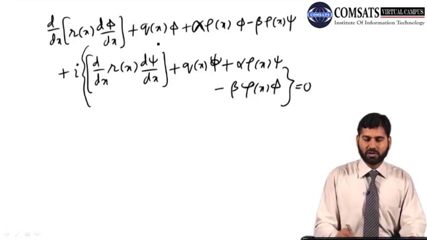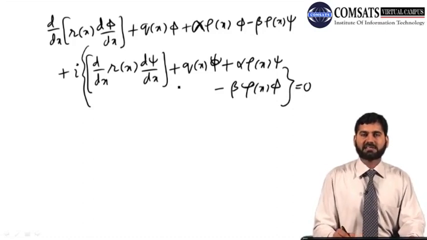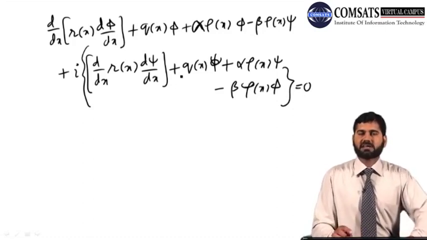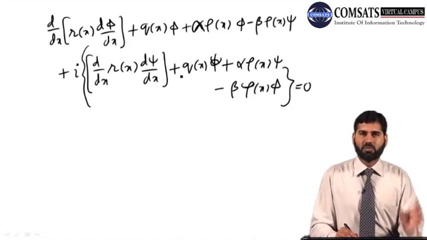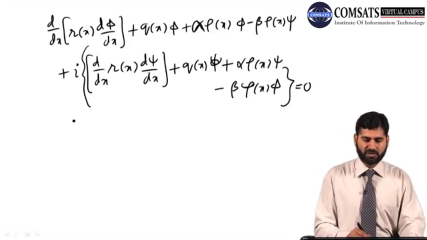So if this whole thing is equal to 0, it means the real and imaginary parts should be equal to 0. Otherwise, a complex function can never be equal to 0. Both real and imaginary parts have to be equal to 0 separately.